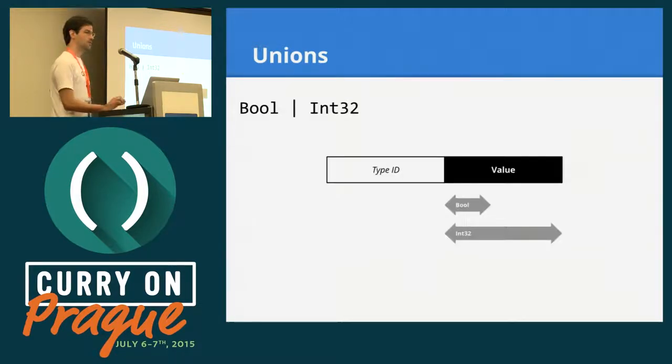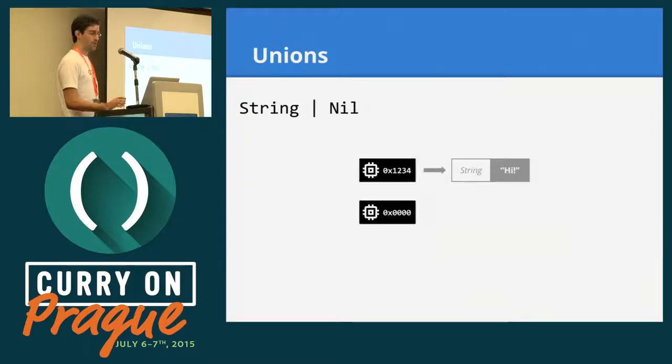These unions are represented in memory pretty efficiently. Here we have a union of a Boolean and a number, and they are represented with a compact struct that has a type ID and enough storage for all of the values that make up the union. But for some unions, we have a more efficient representation.